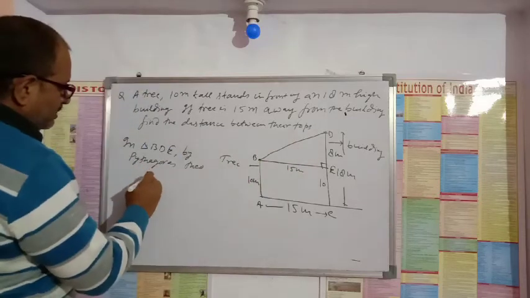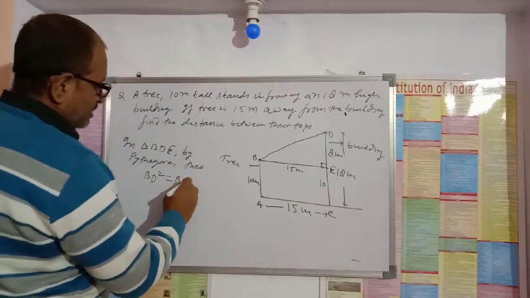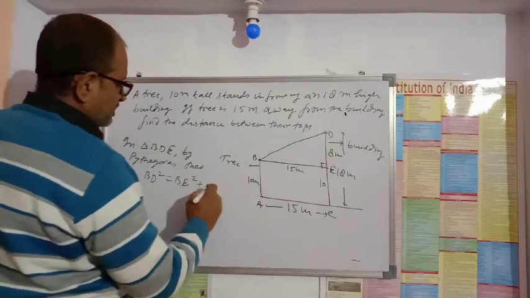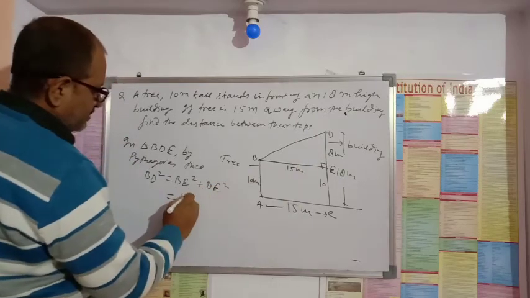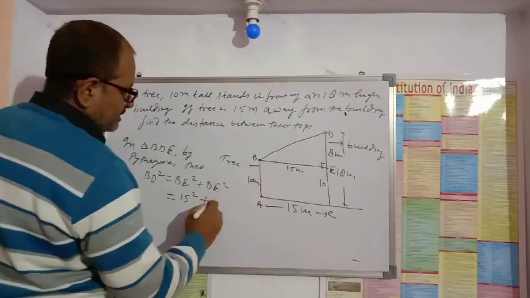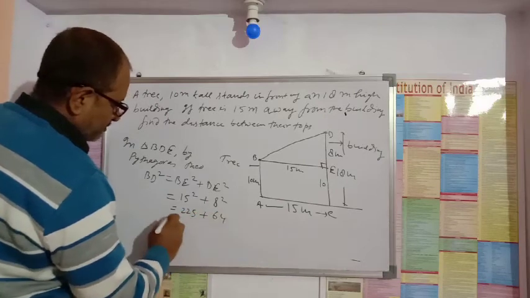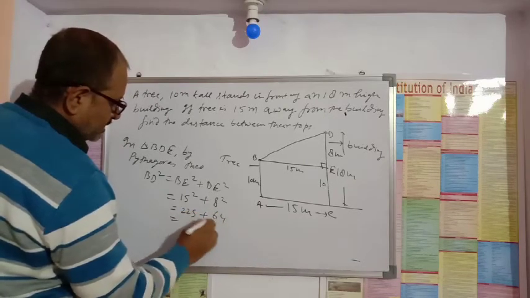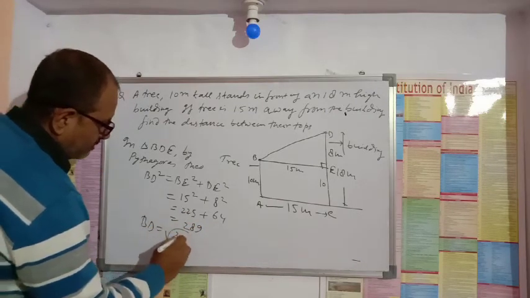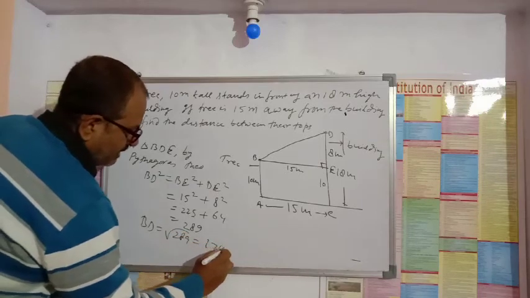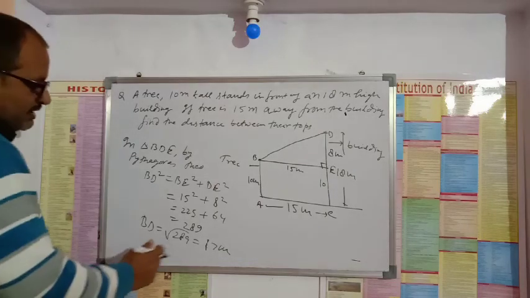So BD square is equal to BE square plus the other side DE square. BE is 15, so we can write 15 square, DE is 8, 8 square. 15 square is 225, 8 square is 64. The sum is 289. What will be BD? Square root of 289. If we take the square root of 289, it will come 17 meter.